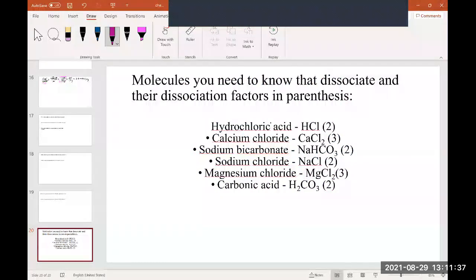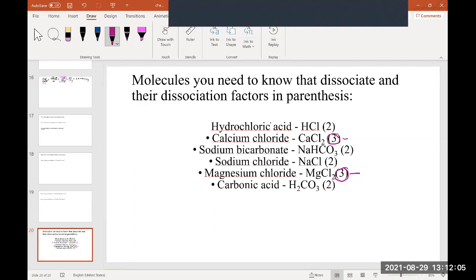Molecules that are ionically bonded, when dissolved in water, will dissociate, or separate, into particles. So you need to know these dissociation factors. And notice we're playing with magnesium chloride, which has a dissociation factor of 3. We're playing with calcium chloride, which also has a dissociation factor of 3.